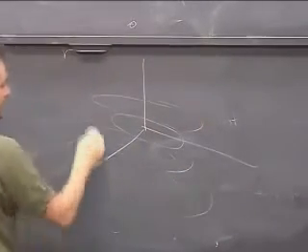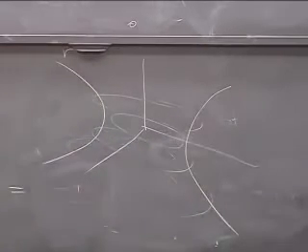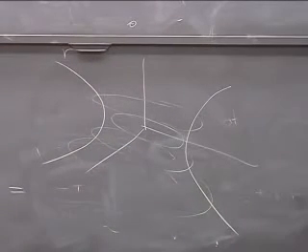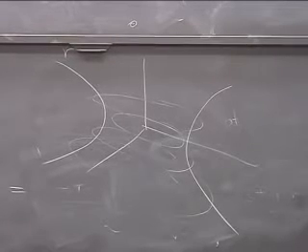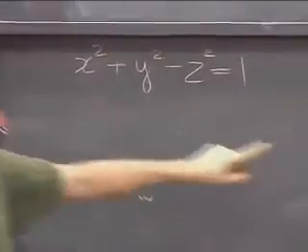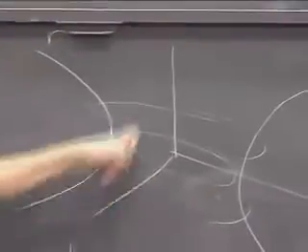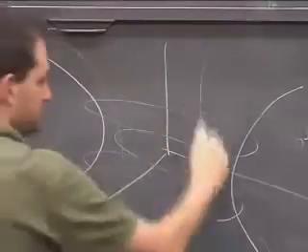What you will actually get is called a hyperboloid of one sheet. How do you know it's a hyperbola? Well, imagine you cover up the y. You get x squared minus z squared equals 1, which, as I said earlier, is a hyperbola. So in the xz plane, you'll get a hyperbola.